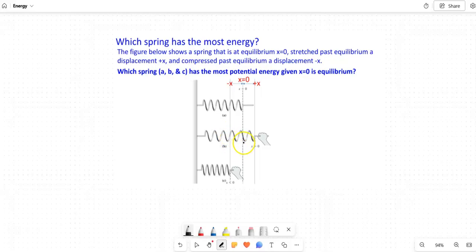So over here at B, you pulled it a distance to the right, which is positive X. At C, you compressed it a distance negative X. And here at A, it's just at the equilibrium position at X equal to 0. So which spring has the most potential energy, given that X equals 0 is the equilibrium position? Try this out. Pause your video now.